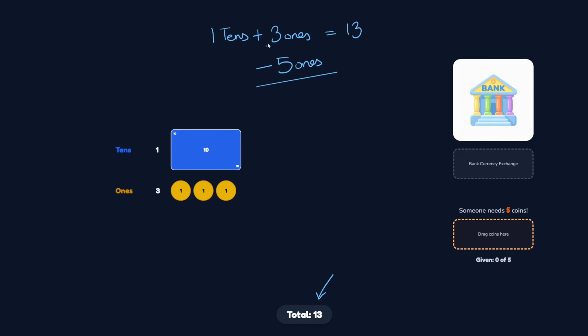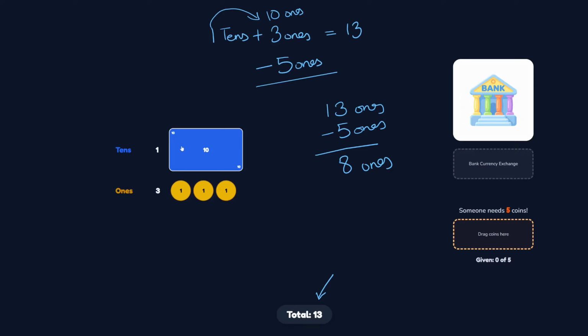I do not have it because I only have 3 ones. So I will exchange the tens and borrow 10 ones from it. So now this will lead us to 13 ones. And now we can give 5 ones easily, which takes us to 8 ones.